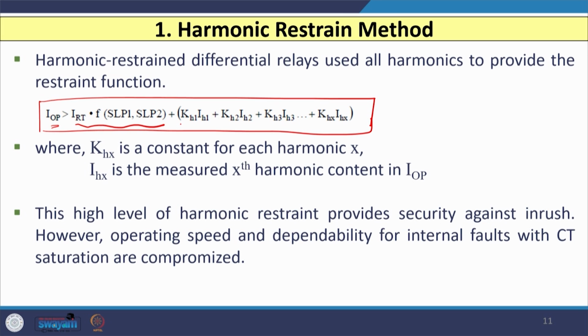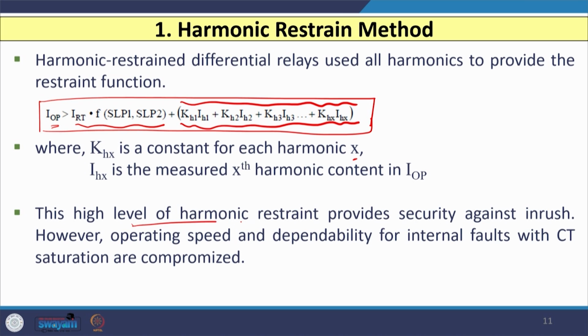But you can see that there is another equation which we have added, in that equation we have some constant k, which is nothing but the specific value of constant for specific harmonic number, where x indicates the harmonic number, and I h1 to I hx is nothing but the measured xth value of the harmonic content from your operating current.